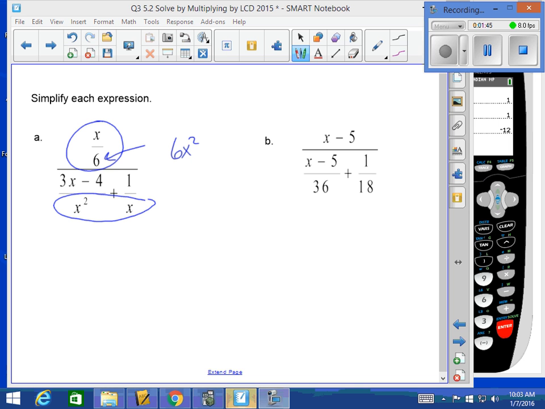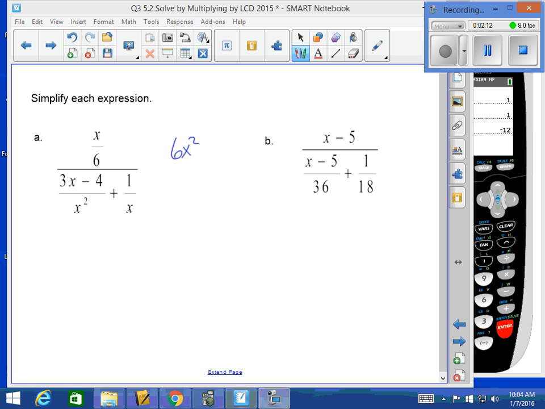Once you've determined that, if I multiply both the top of my fraction and the bottom of my fraction by the 6x squared, it would make the extra fractions go away. And I'm allowed to do that because whatever you do to the numerator of a fraction, as long as you do the same thing to the denominator, it's legitimate.